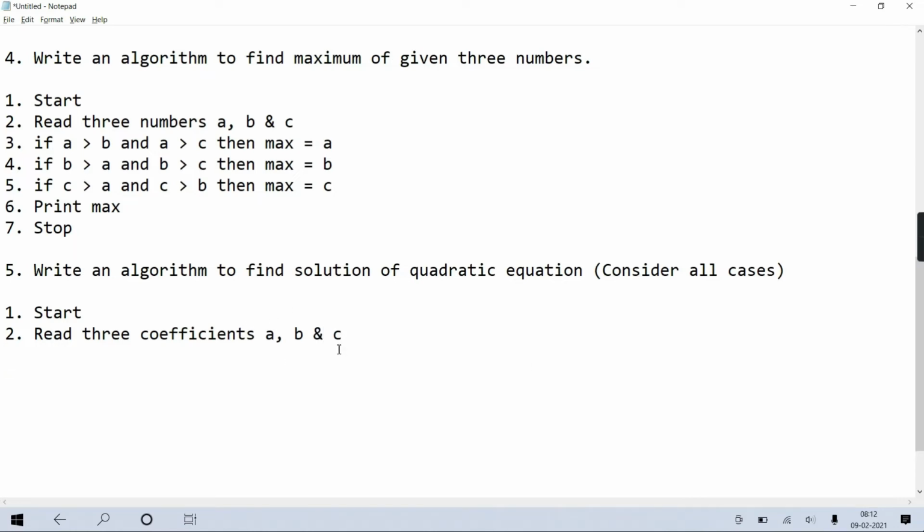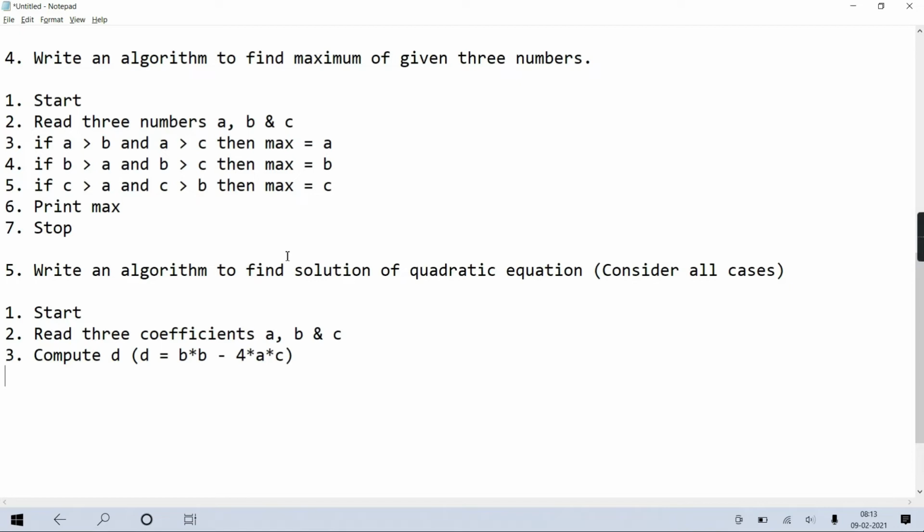So that three coefficients are to be accepted. Done. Then we'll compute D. And what is D? D is equal to B square minus 4AC. So D is computed.